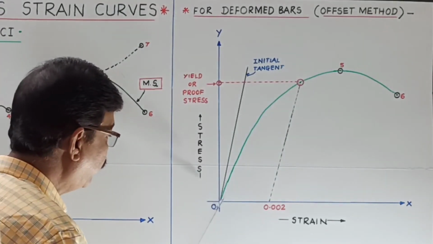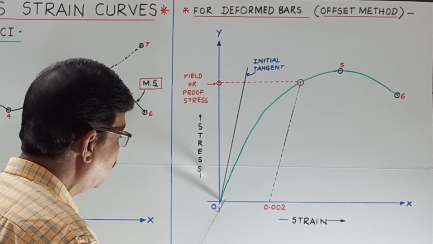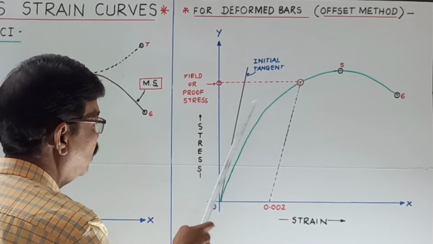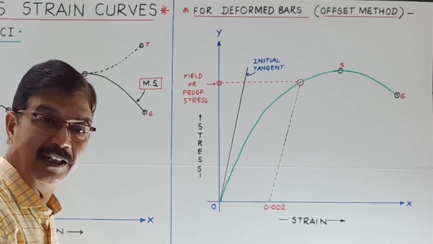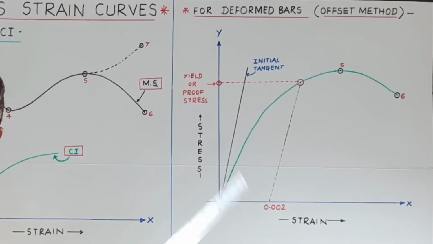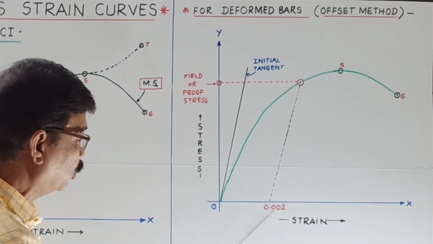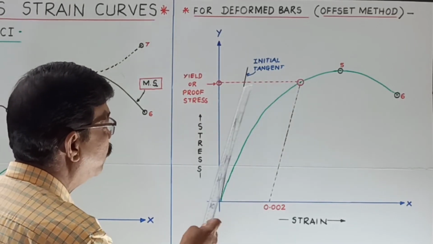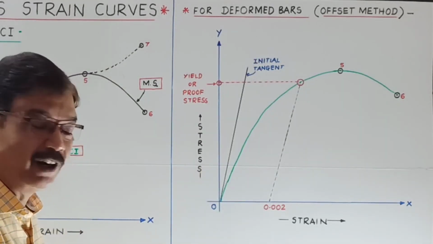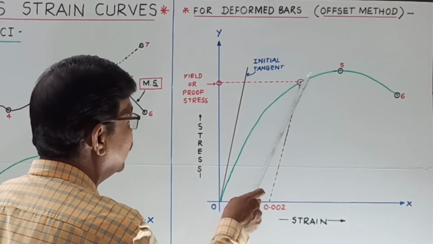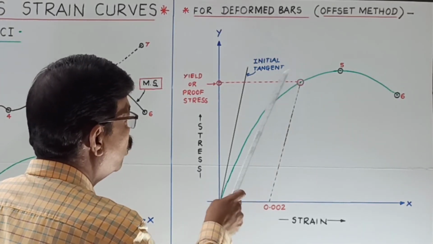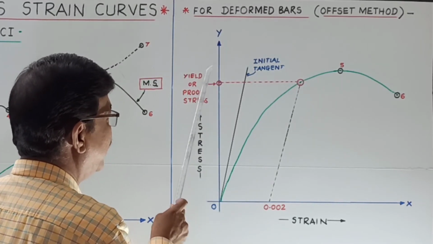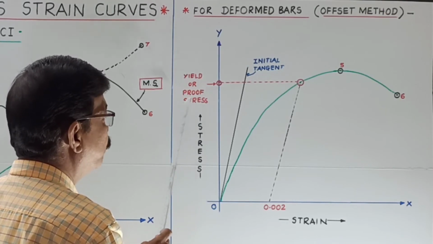For this curve, from the initial point a tangent is drawn. This is the initial tangent to the curve, and for a specific amount of strain, that is 0.2%, that is 0.002, a line is drawn parallel to the initial tangent. Wherever this line intersects the curve, if you project it on the y-axis, the corresponding point is known as yield stress, or proof stress.